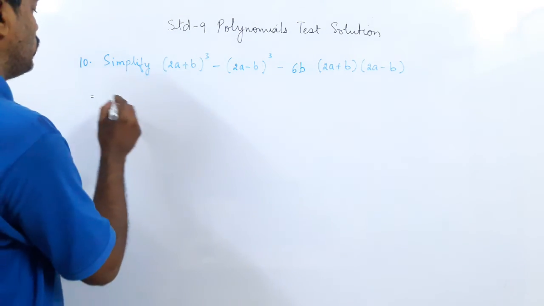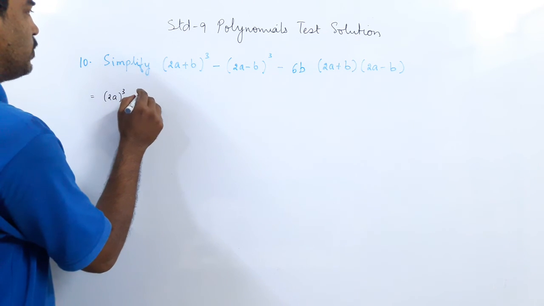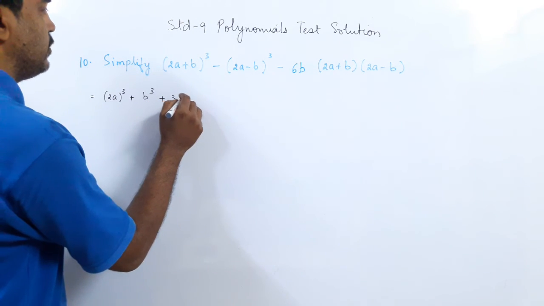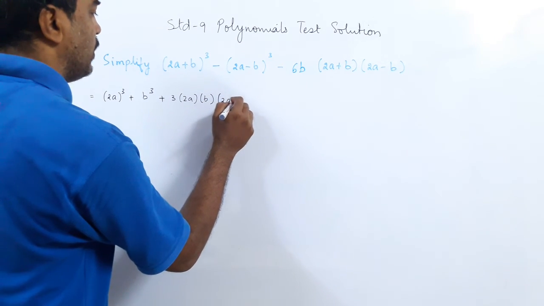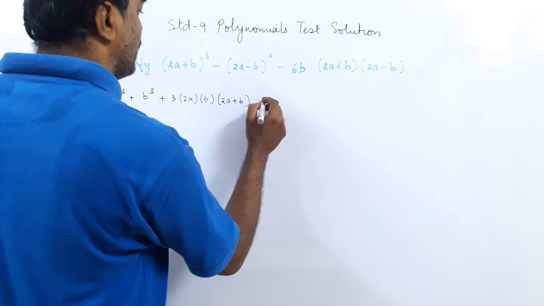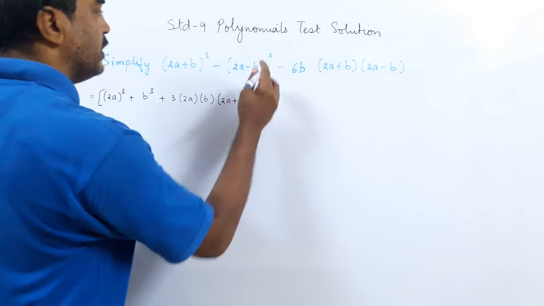(a plus b) the whole cube is a cube plus b cube plus 3ab into bracket a plus b. Then we have a minus sign. What is a cube minus b cube?